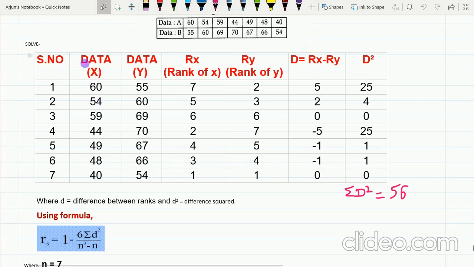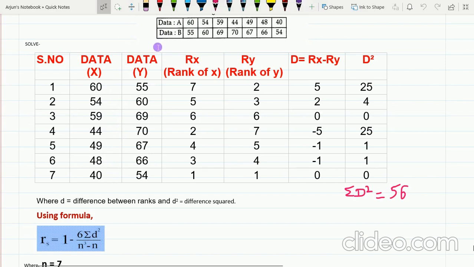So the first thing we are going to do is write the serial number. How many data points are given to us? 1, 2, 3, 4, 5, 6 and 7. So a total of 7 data points are given, and I have written 1 to 7. Then data X. This data A, I have taken as X and noted it down in the column as it is: 60, 54, 59, 44, 49, 48 and 40.